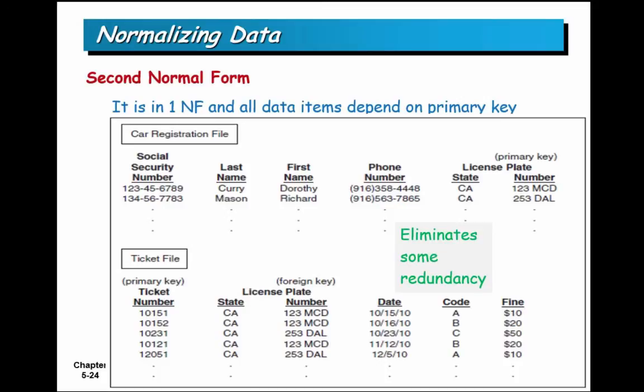Then you add a foreign key on the ticket, because a ticket can be for only one person or one registration. But a car could have multiple tickets. So that's why you put the foreign key down here, the one-to-many thing, right? There's a one-to-many between tickets and people. Everybody get that? Kind of?